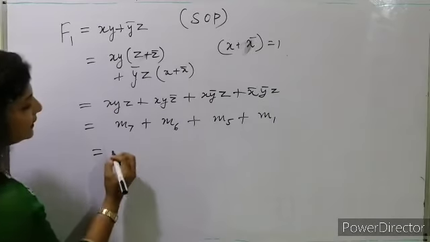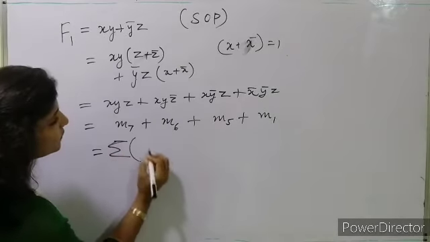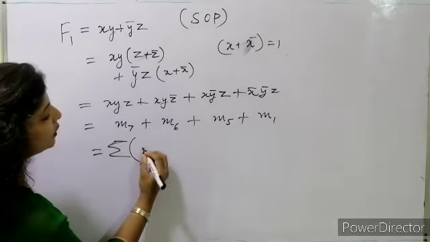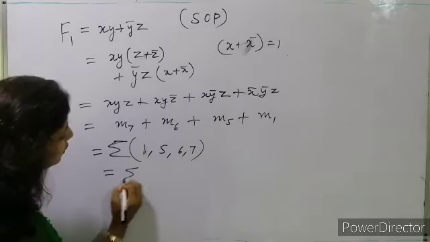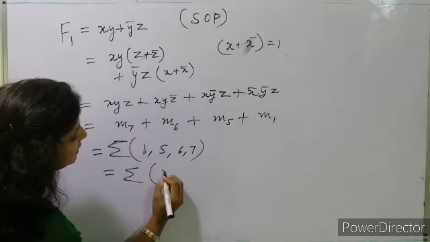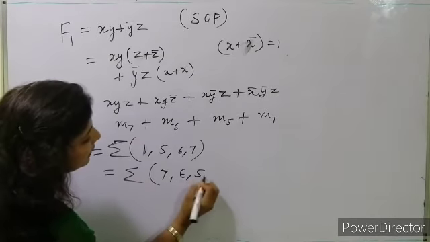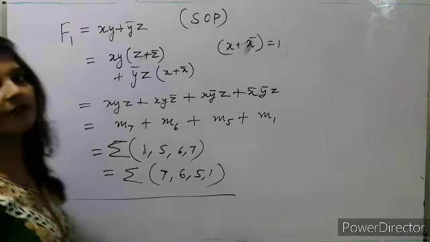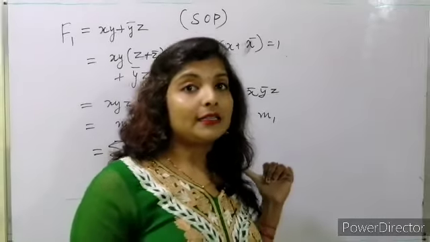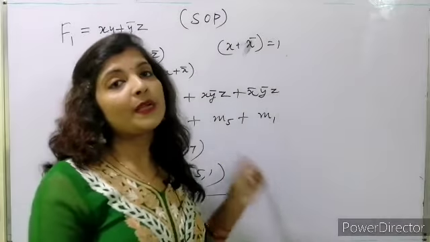So we can write like this: summation of 1 5 6 7, or we can also write in serial order, this is 7 6 5 and 1. Okay. So this is how the standard form we have converted into canonical form. This was min term, so SOP, sum of product.